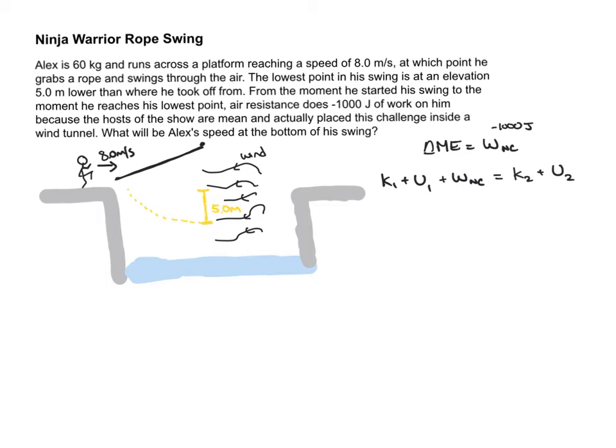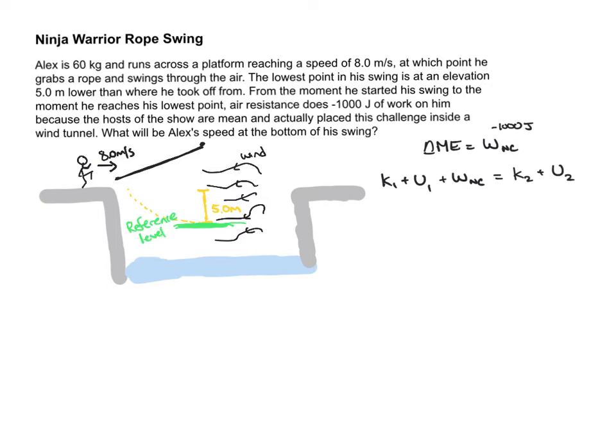So I could choose where he took off from as a reference level. Maybe I'll choose the bottom of his swing. I'm drawing it in green here. I'll choose that elevation to be the reference level. That way I don't have to deal with any negative heights, because he never goes below that.